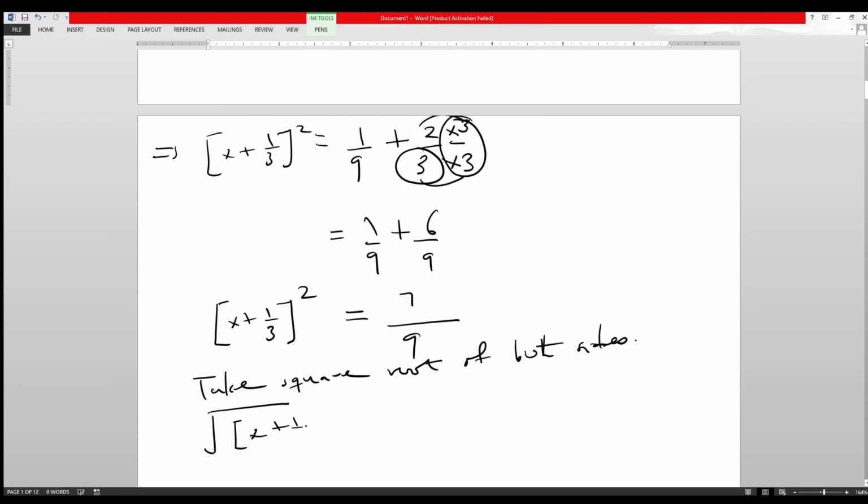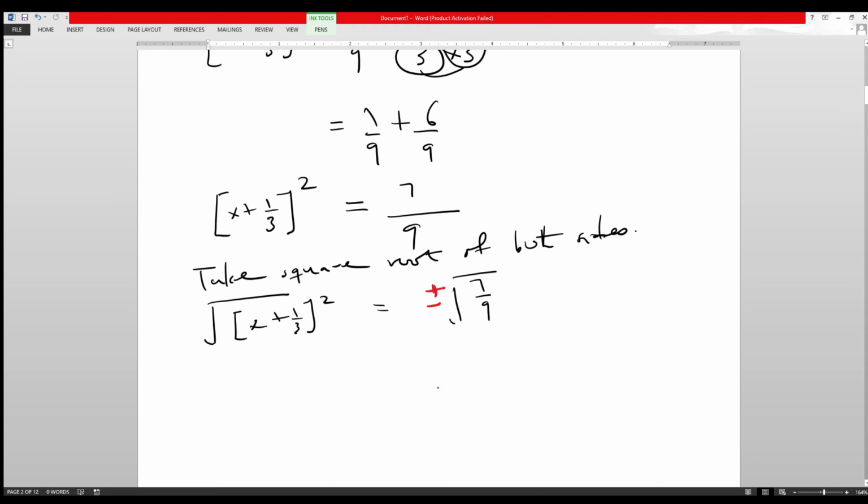So x plus 1 over 3 squared, and then the square root of 7 over 9. Be mindful, whenever you take the square root of the constant, it's going to be accompanied by the plus and minus sign. Don't forget that. The power and the square root will cancel out.